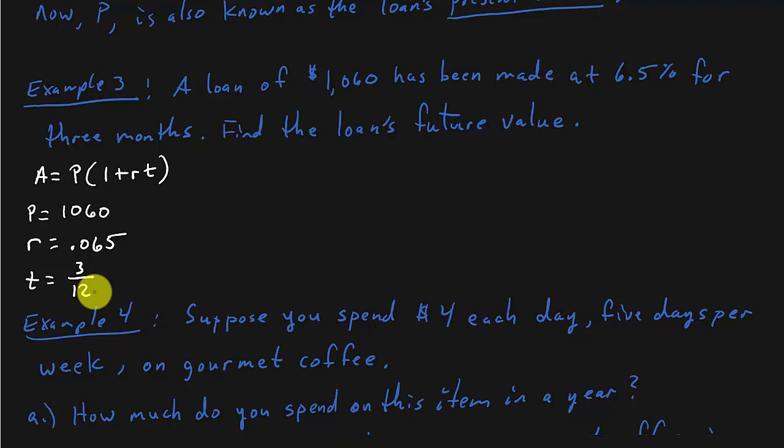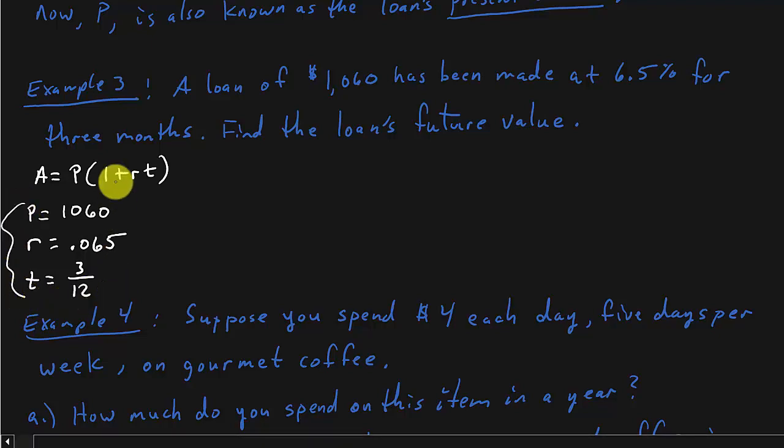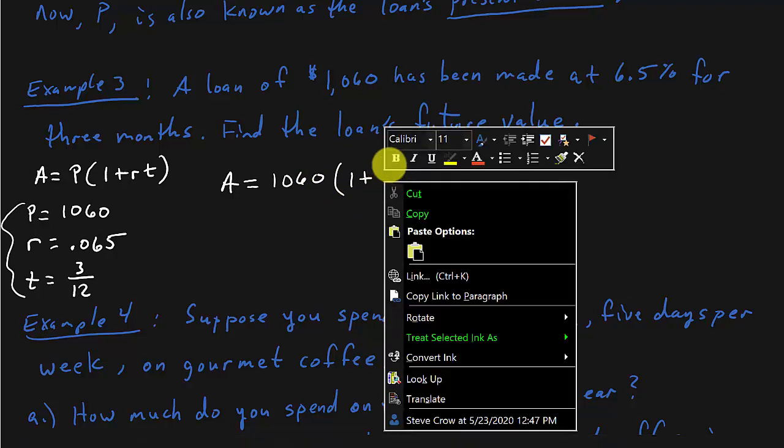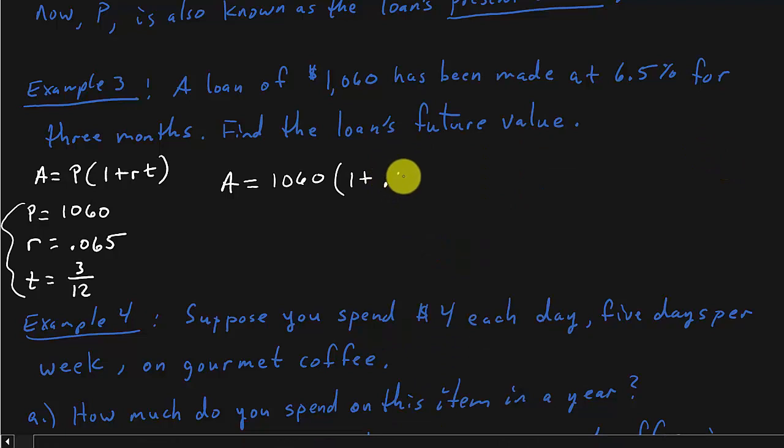So remember, t has to be expressed in years. And so now we just take this and plug it into our formula. So we get A is equal to 1060 times 1 plus R, 0.065 times 3 over 12.